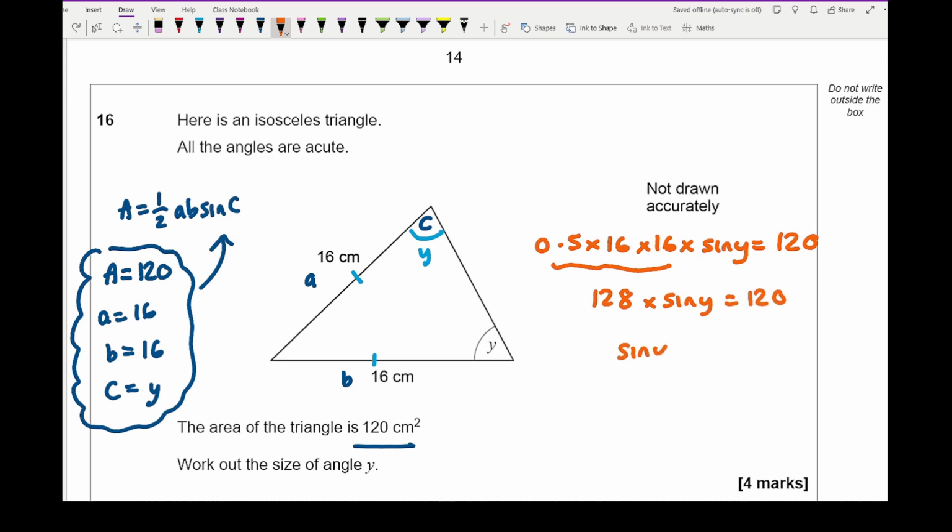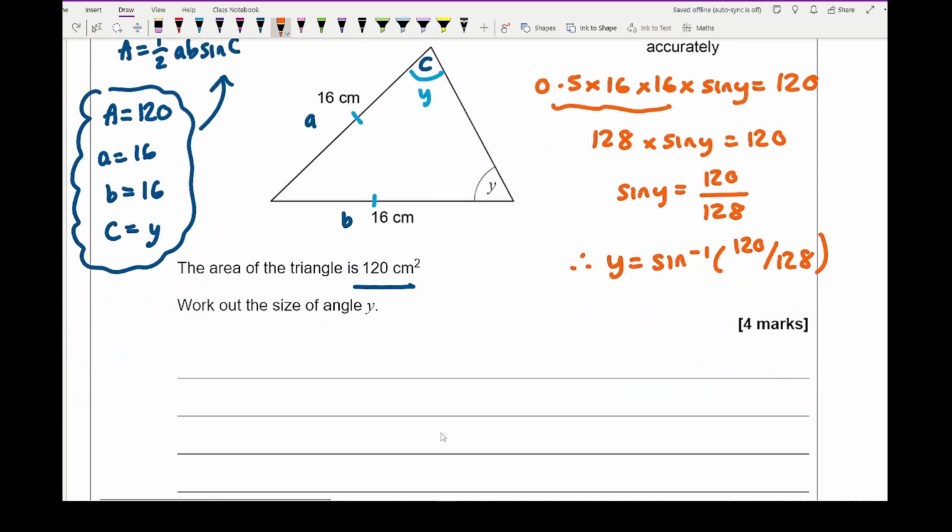So sine y equals 120 over 128. To work out y, I just do the inverse sine of 120 over 128. Typing that into my calculator, I get a y value of 55.2 degrees, to 1 decimal place.